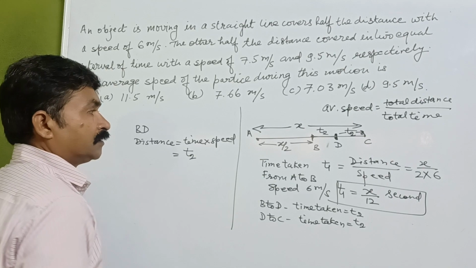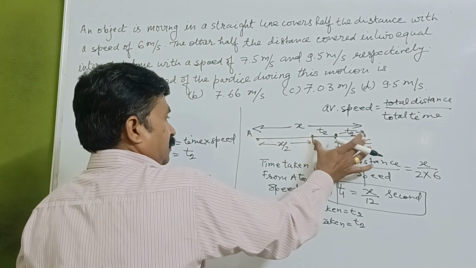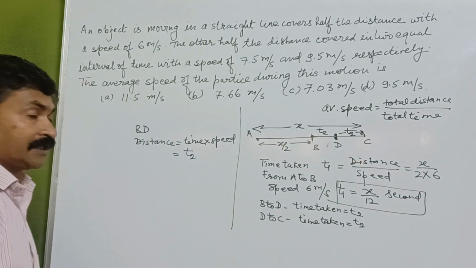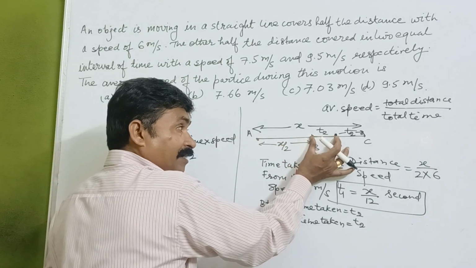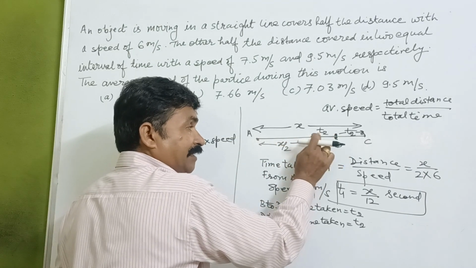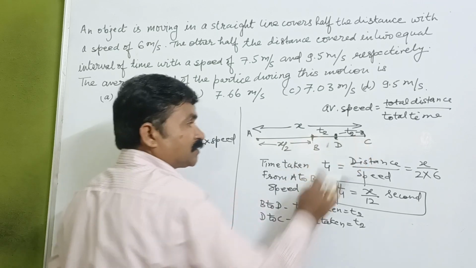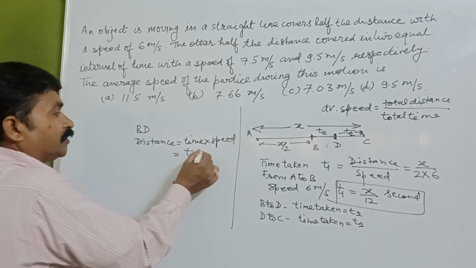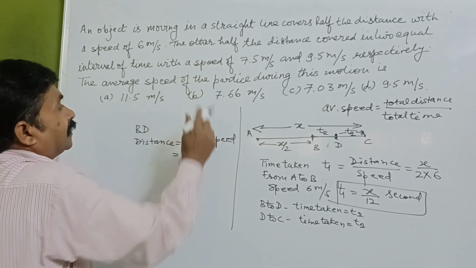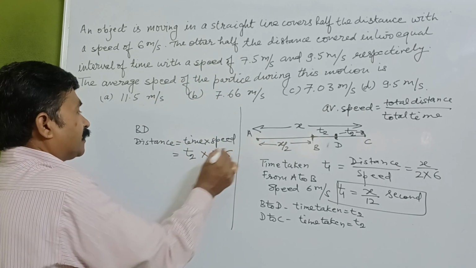We don't know the distance, but we know the equal intervals of time. From B to D it has taken T2, and from D to C it has also taken T2. So BD is T2 into speed, that is 7.5 meters per second.